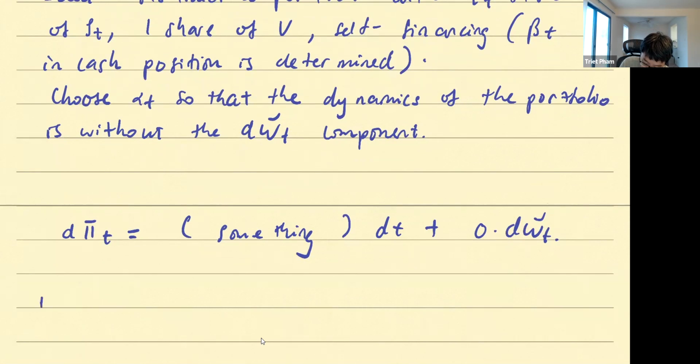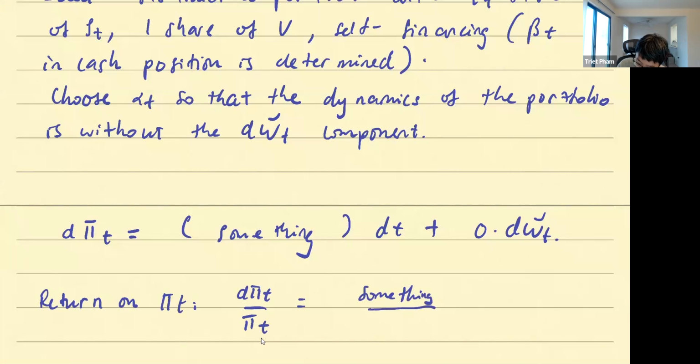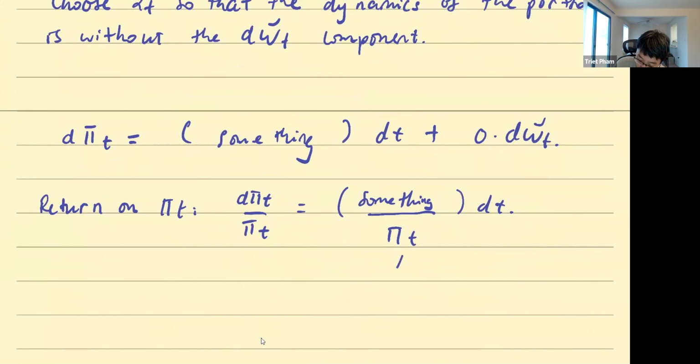The return on this portfolio would be whatever that something is, divided by pi t dt. And the point is, when something has no Brownian motion component, meaning it's not subject to the risk, then whatever this something is must be the risk-free rate by no arbitrage argument.